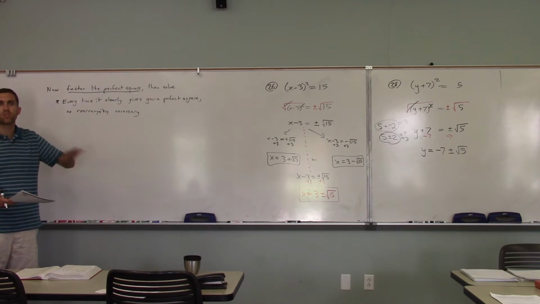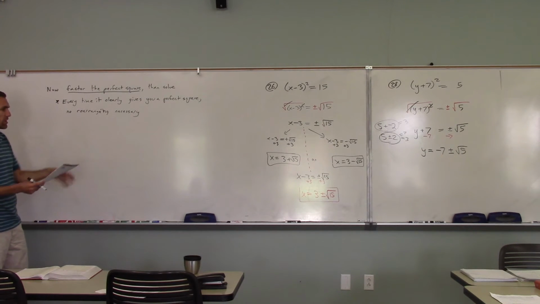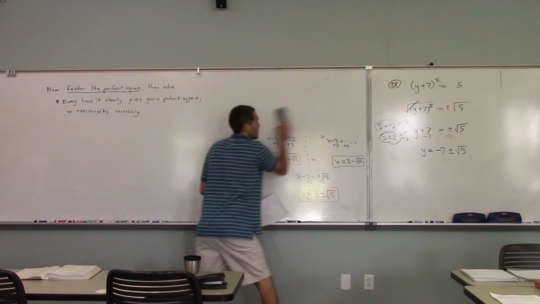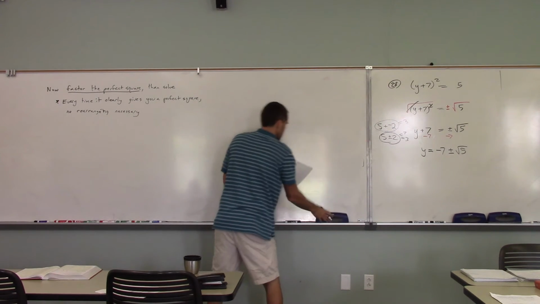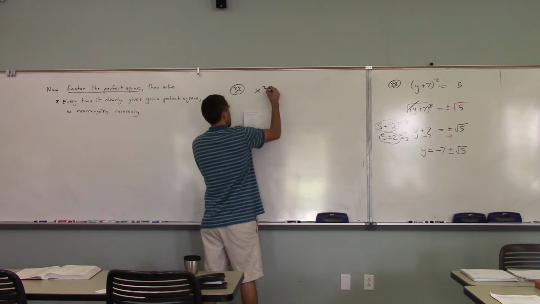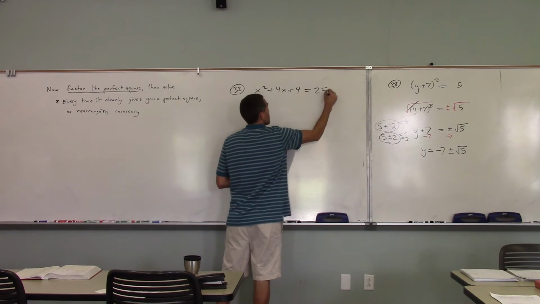Okay? 9.2 is all about rearranging and making a perfect square. Right now, all they're going to do for a problem like 32 is they're going to exactly write a perfect square. So here's 32. X squared plus 4x plus 4 equals 25.